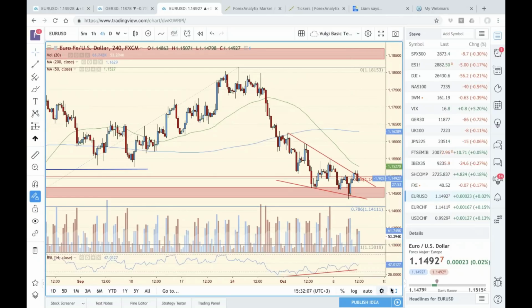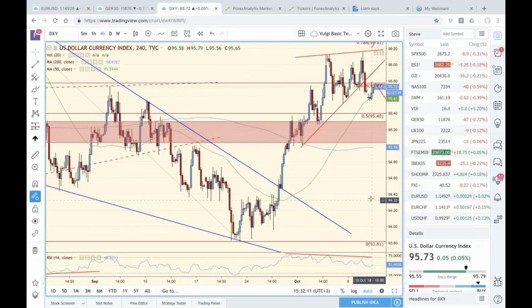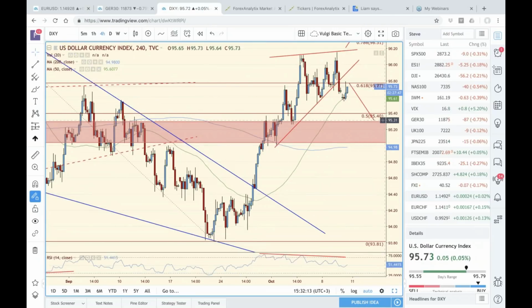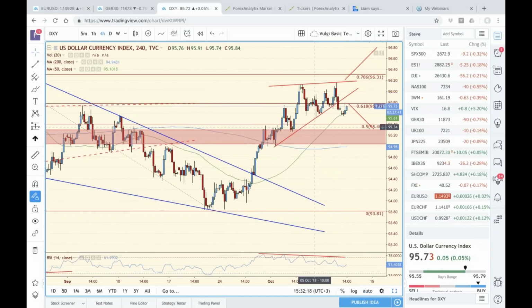The exact opposite situation is what we're seeing with the dollar. The dollar has already made a move below this formation. The dollar had like an ascending triangle here. It seems to have broken below it. Let's see if it's actually going to act as a resistance and we're going to get lower levels in the dollar.